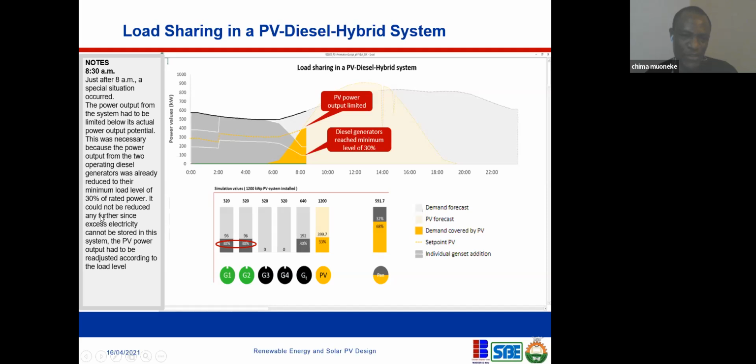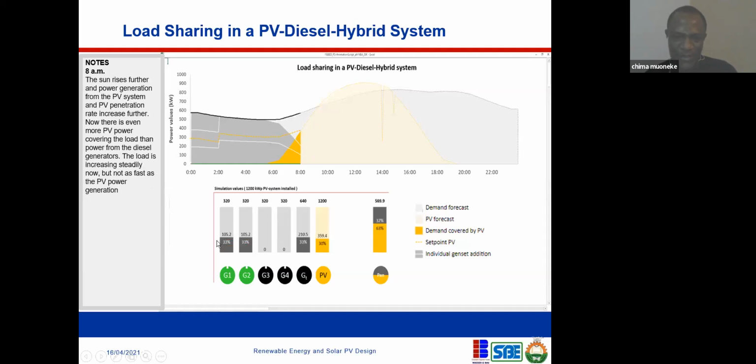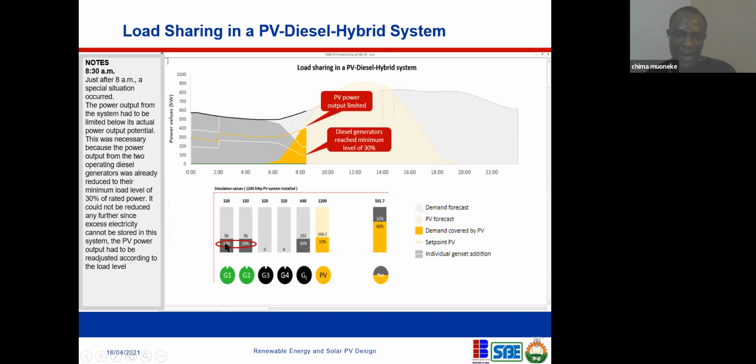It could not be reduced any further since excess electricity cannot be stored in any system. The PV power output had to be readjusted according to the load level. Now look at what happened. Remember that at this point, the two diesel generators were running at 33%. So they're getting close to their minimum performance, minimum load requirement. And they eventually get to that point.